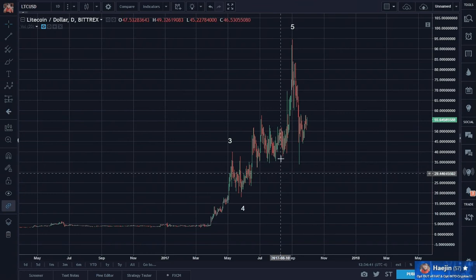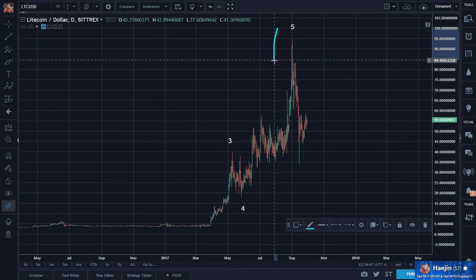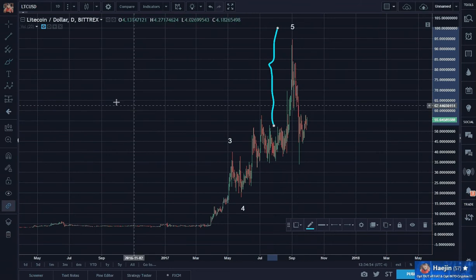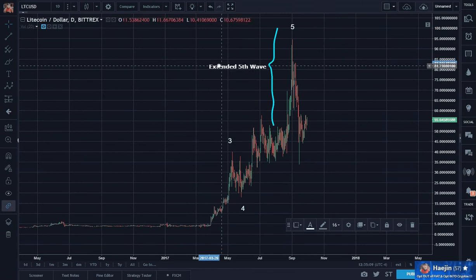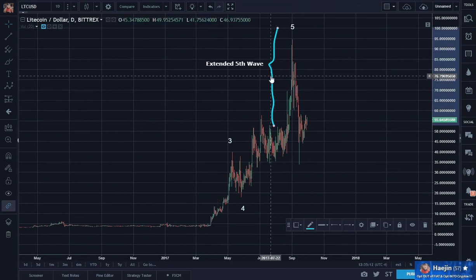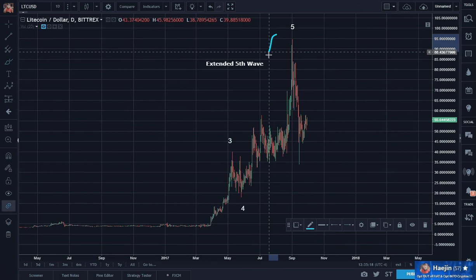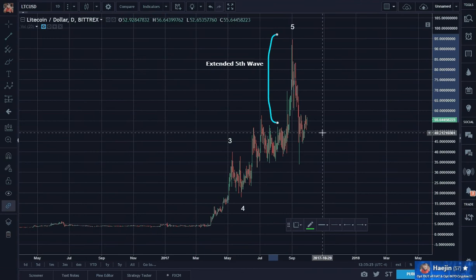On a daily scale, I'm seeing wave 5s very extended. Okay, so wave 5 is extended.